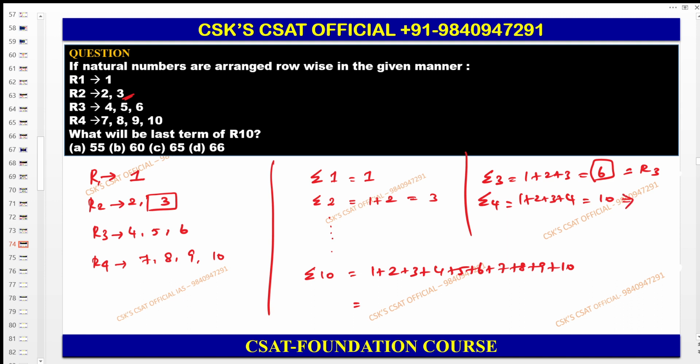So that comes as the last number of row 4. Like this, if you find out the summation, that gives you the last number present in that row. So therefore 55 in this case, the answer is A. Clear everyone?